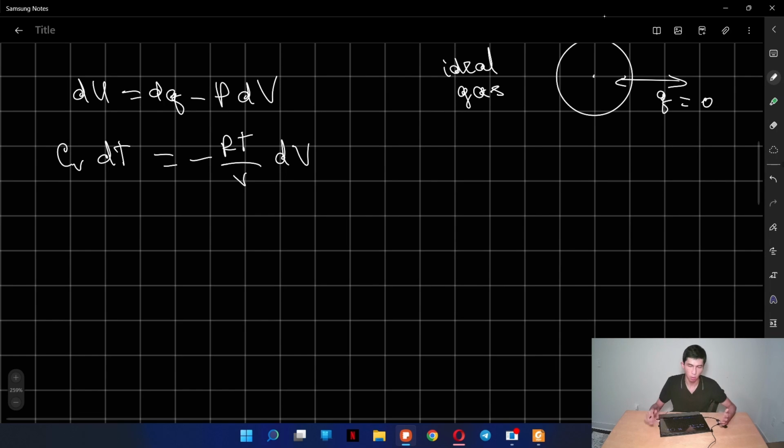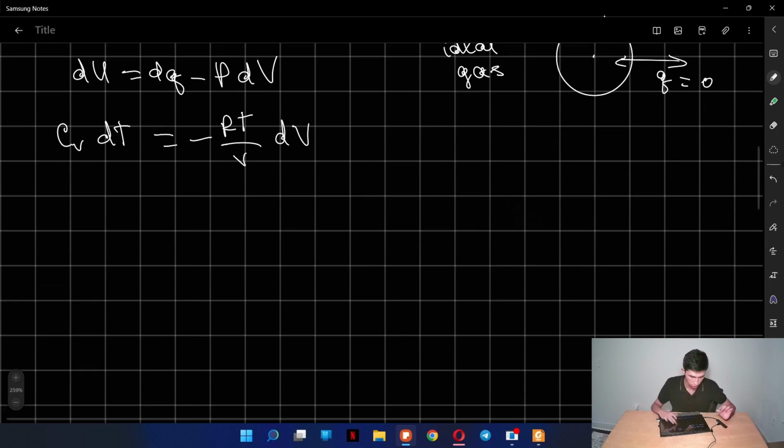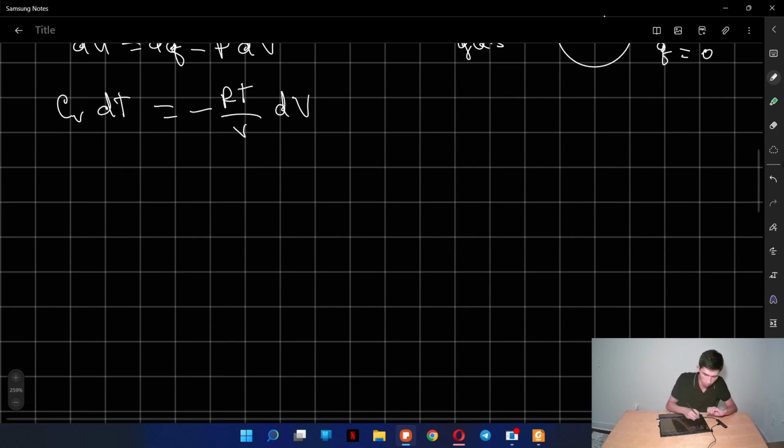We're still considering a very small change in volume and a very small change in temperature. So if I want to find a relationship, I'm going to take the integral of both sides. For the temperature, we'll go from T1 to T, and for the volume, from V1 to another volume.